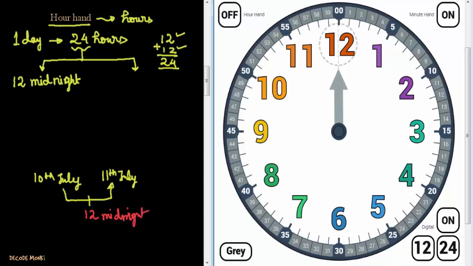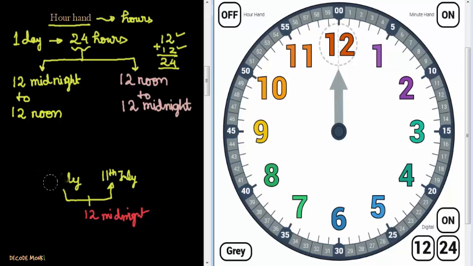What I mean to say is that these 24 hours are divided into two parts. One is from 12 midnight to 12 noon, and the other part is from 12 noon, afternoon, to 12 midnight. Let me write everything first, then I will tell you.